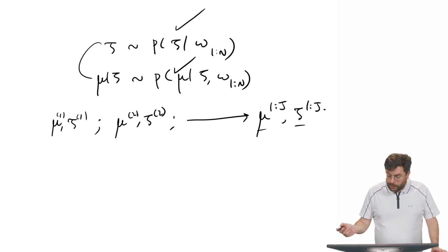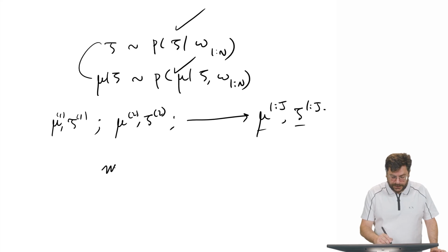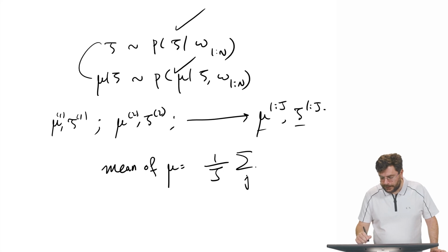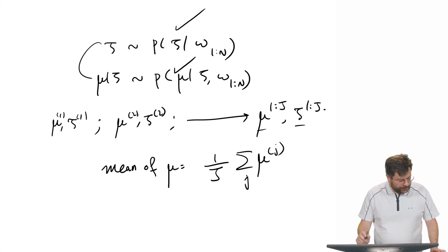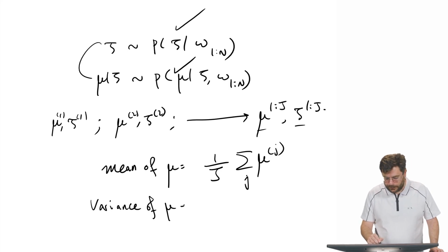And then what do we do with my samples? At some level, that's up to me. I can compute the mean of mu. That'll be 1 over J, sum over j, mu j. I can compute the variance of mu if I want.